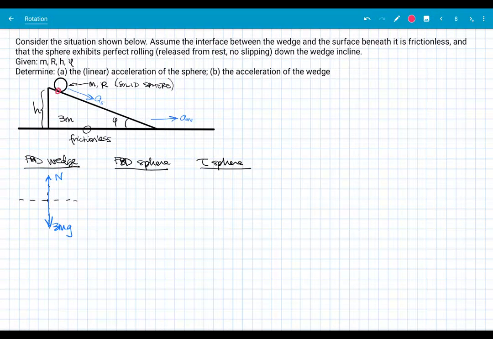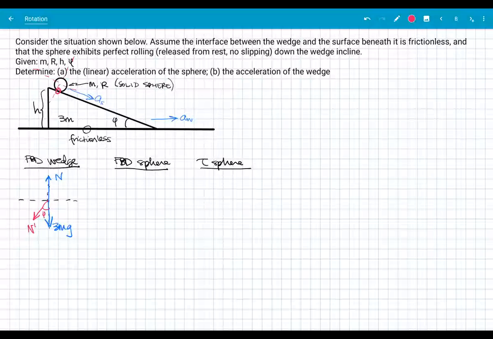So for that, I will think about a rotated coordinate system for the sphere itself, and that might help me to sort of picture the direction of that. So this normal force, it will be something like this. Okay, here's my angle phi, and I'm going to call this n prime, the normal force at the interface between the sphere and the wedge. Okay, great, there's a normal force there.